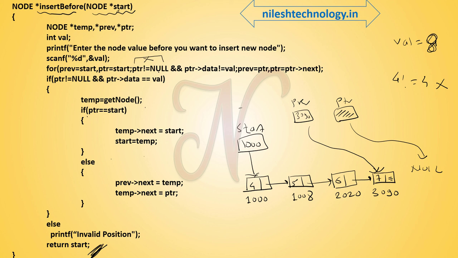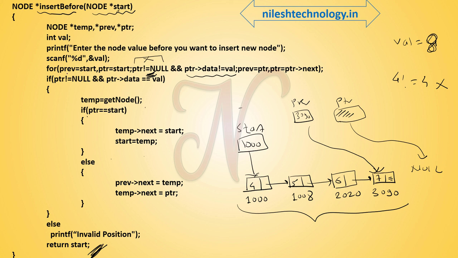So that's why here we add this condition, ptr is not equal to null, because if there is a linked list then check data is not equal to value. But if my linked list is finished and the data is not found, then ptr goes to null but does not match the value to the linked list data.